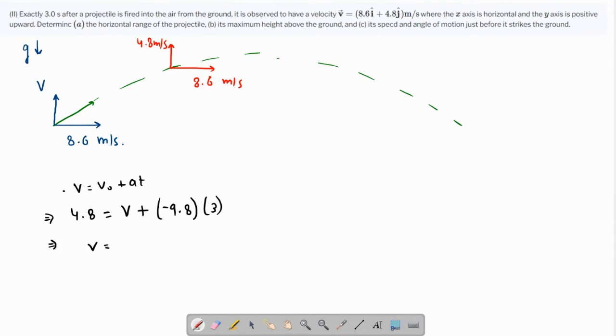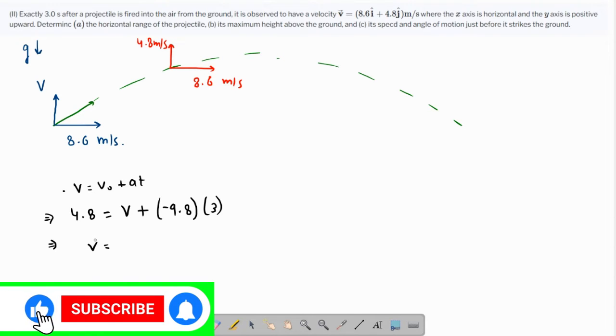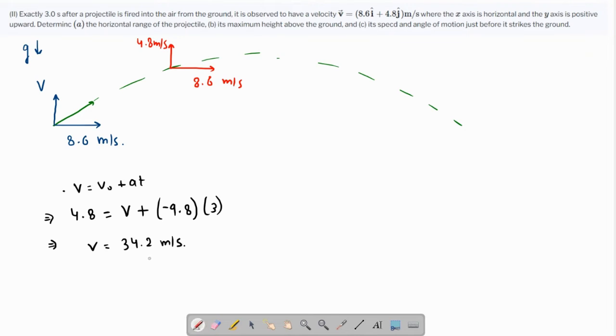So v comes out as 9.8 times 3 plus 4.8, which is 34.2 meters per second, the initial vertical velocity. Let's call this Vy.